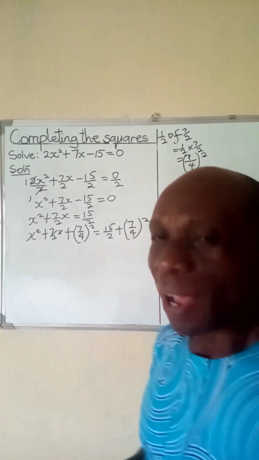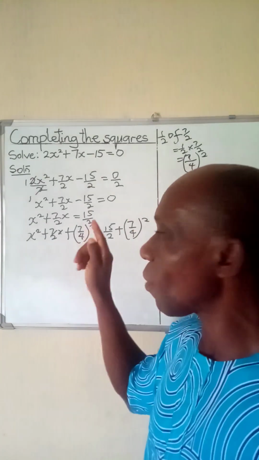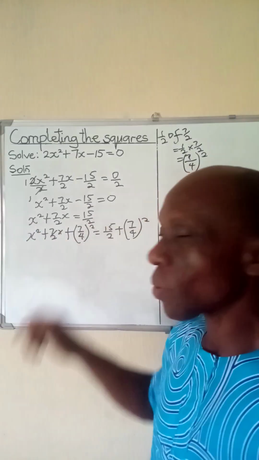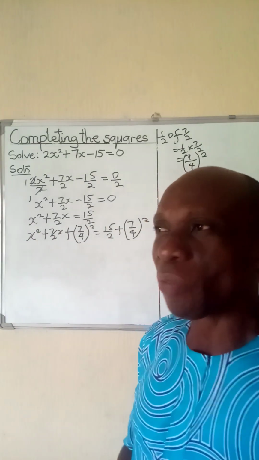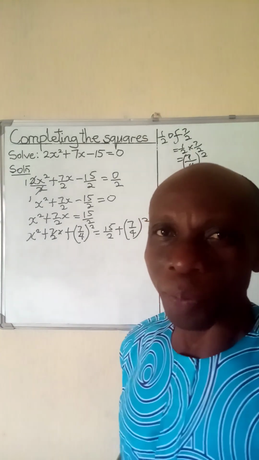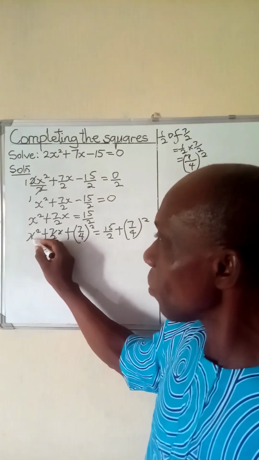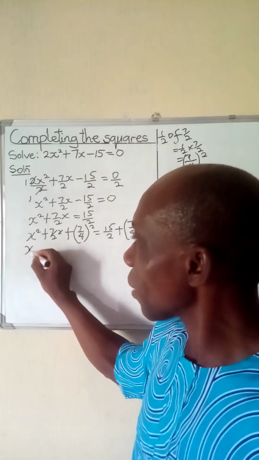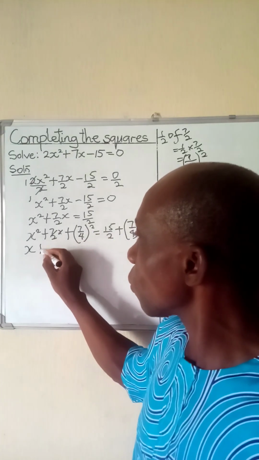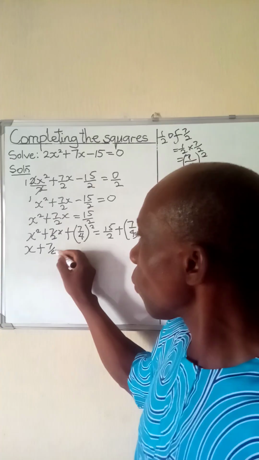The moment you've added the square of half of the coefficient of x to the left hand side, the resulting expression becomes a perfect square. Perfect square, remember, is simply a term that you can write raised to the power of 2. So here, this is x squared, we'll take just one x, and here is 7 over 4 all squared, so we'll just take 7 over 4.